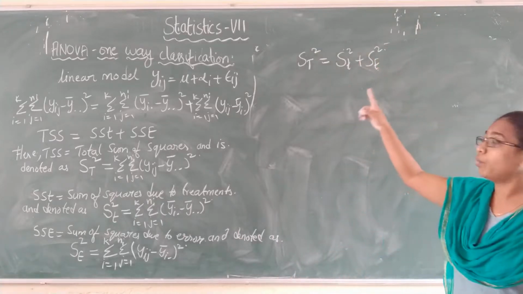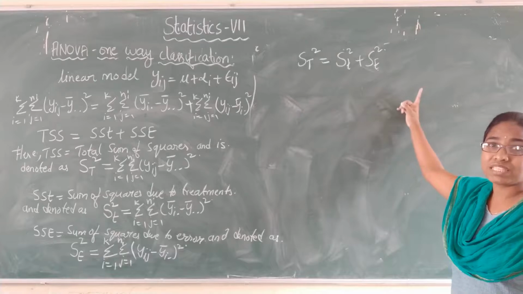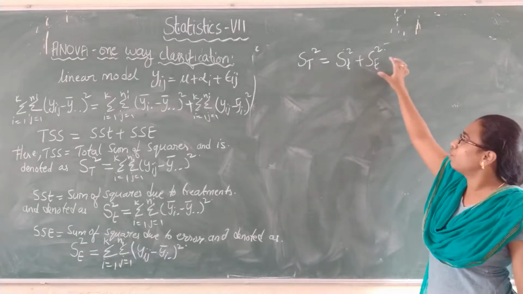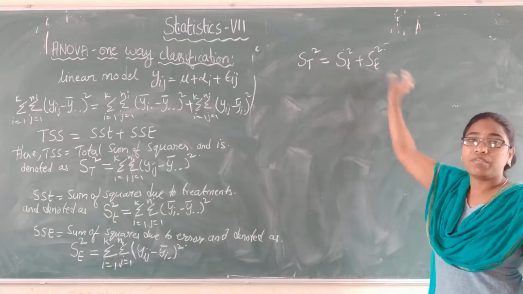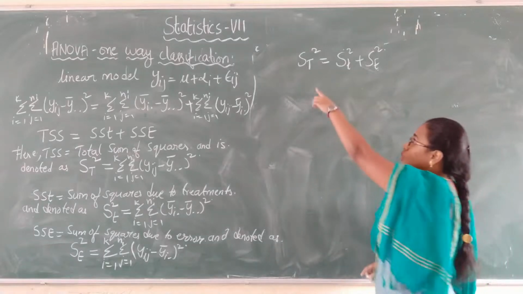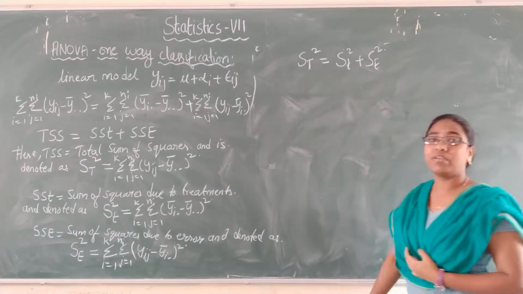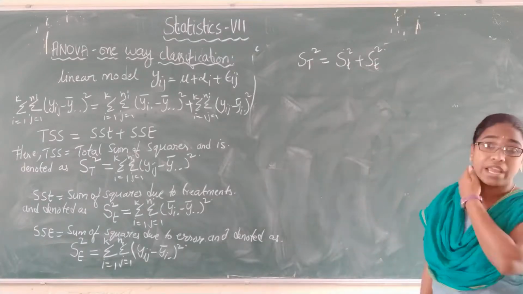Always total will be equal to treatments plus error. Suppose you want to find the error value, how will you find it? The total value minus the treatment value will give you the error value.